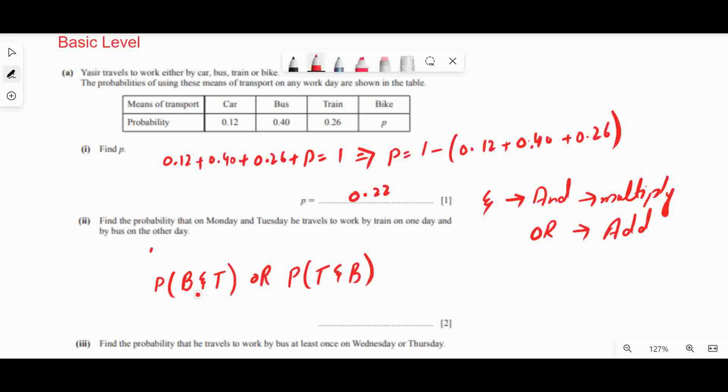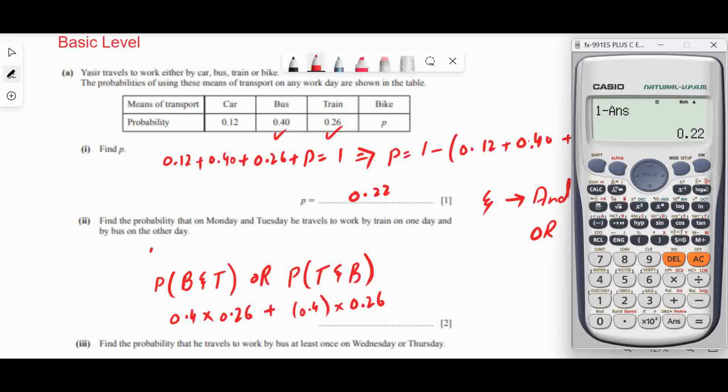Now the probability of bus is 0.40. So 0.4 multiplied by train, that is 0.26, plus 0.4 multiplied by 0.26.